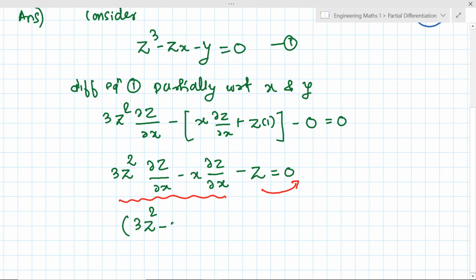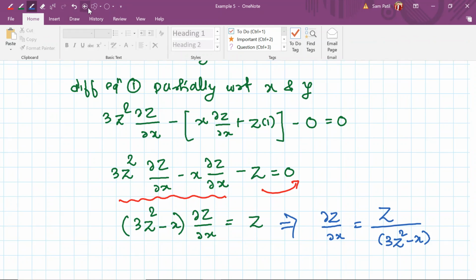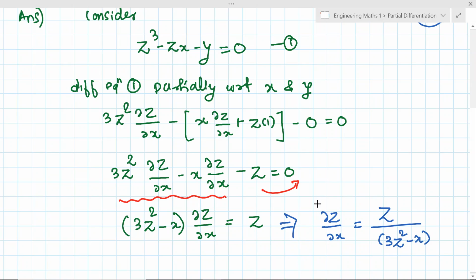It is 3z square minus x, into ∂z/∂x, equal to plus z. If we want ∂z/∂x, this implies ∂z/∂x is z divided by 3z square minus x. Are you getting this? Yes. Okay, so this is the value of ∂z/∂x.